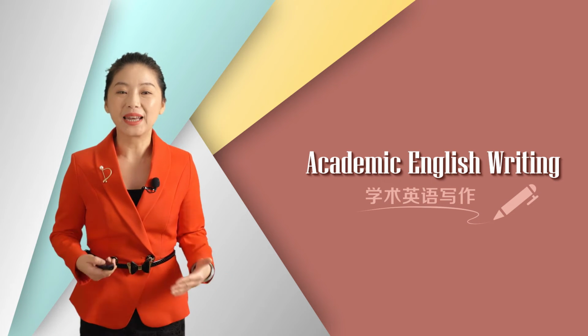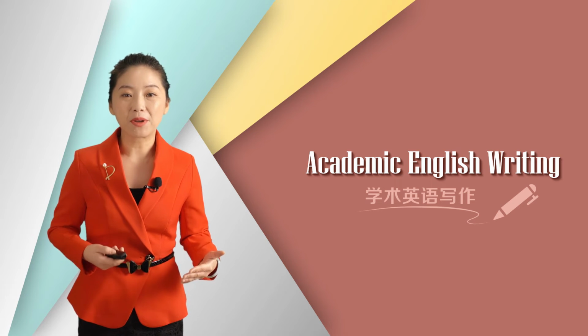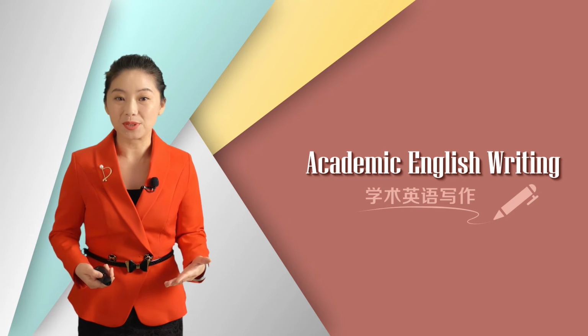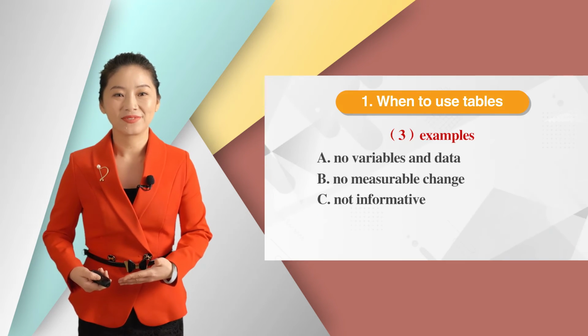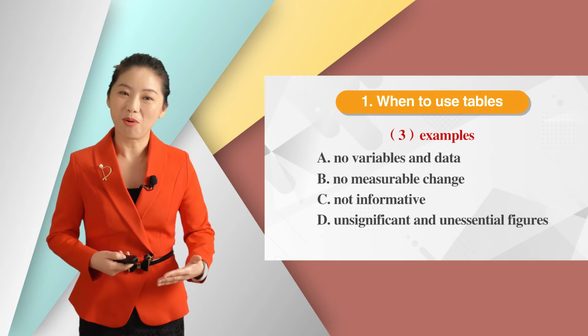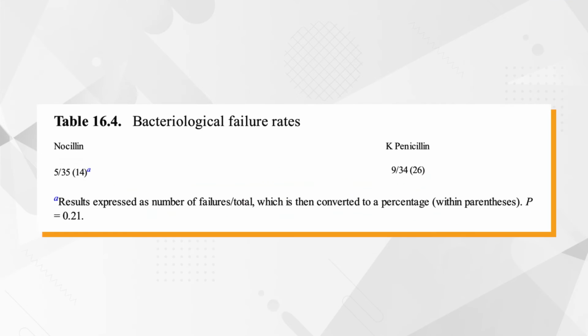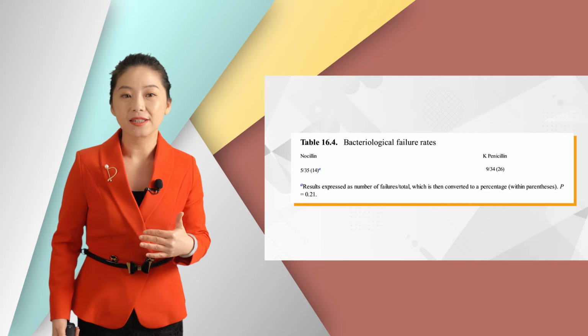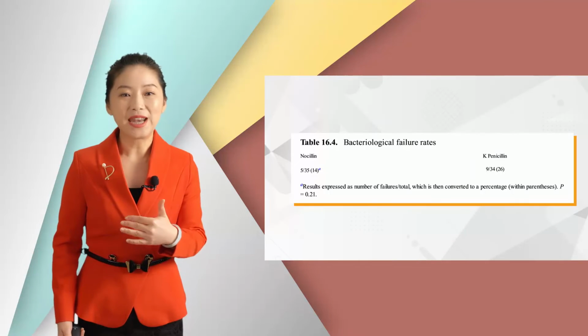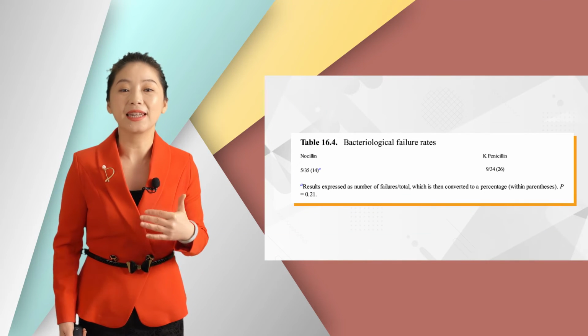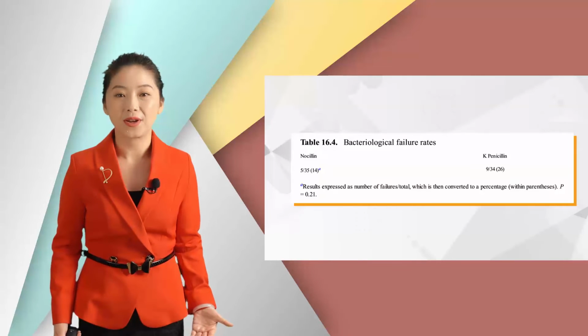Some authors believe that all numerical data must be put in a table. Table 16.4 is a sad example. It gets sadder when we know at the end of the footnote that the results were not statistically significant anywhere.